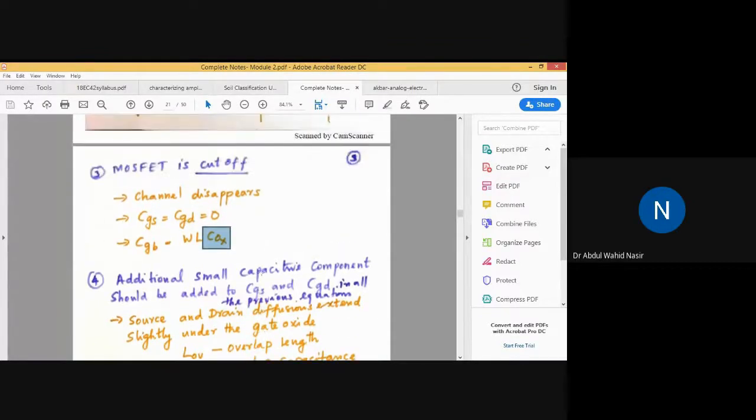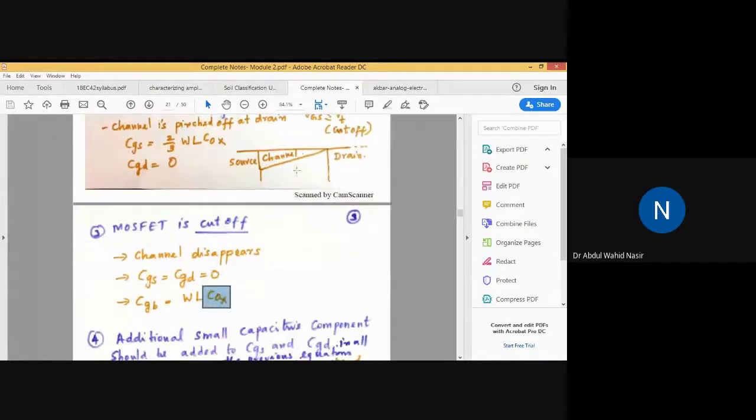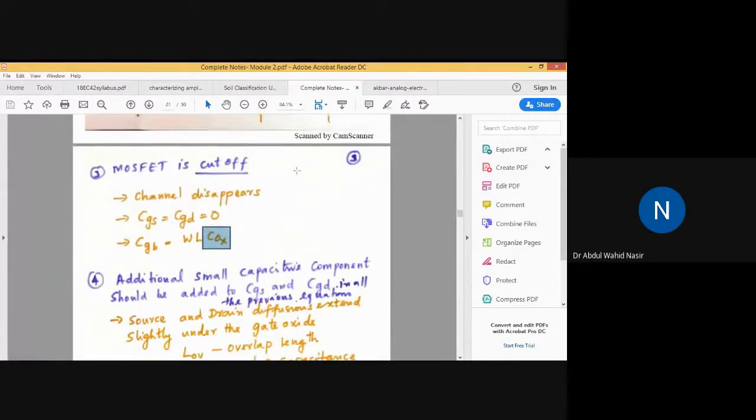So now we have seen the different CGS, CGD, and CGB of the MOSFET in different operating conditions. This topic is also covered in your textbook, gate capacitive effect, under section 4.8.1. So we have seen now one more term is there.